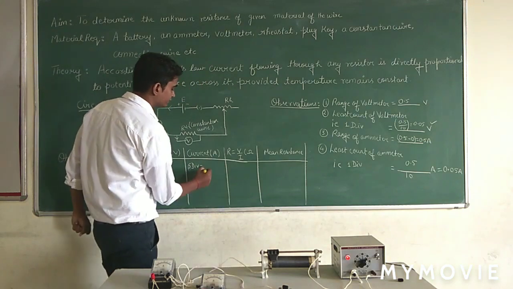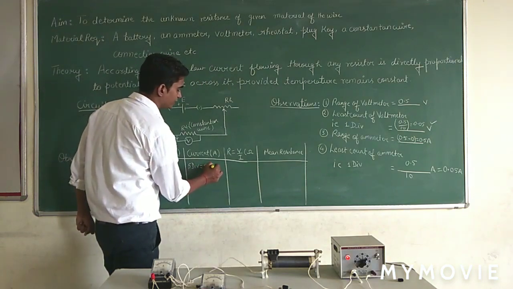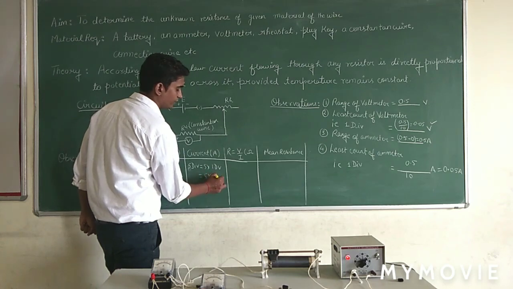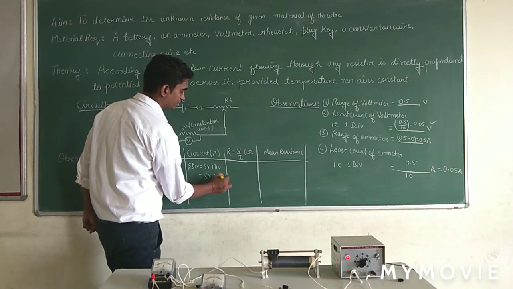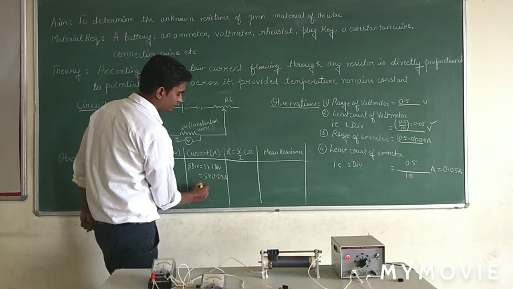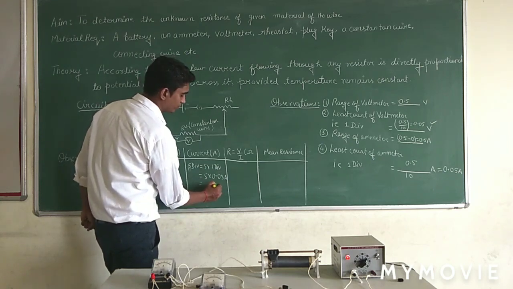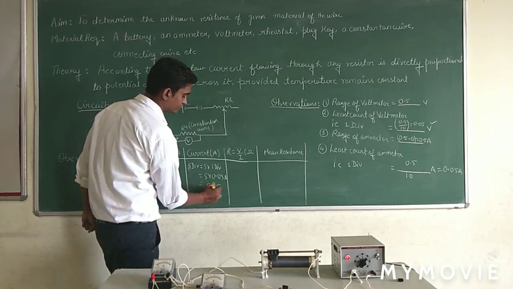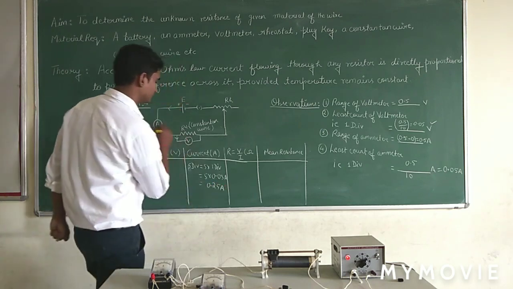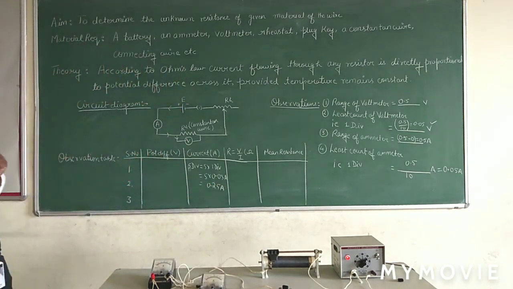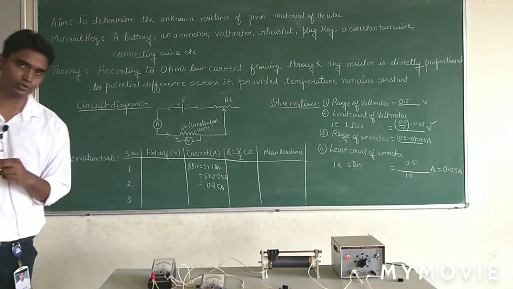So 5 divisions is equal to 5 multiplied by the value of 1 division, that is my least count, 5 multiplied by 0.05 ampere. It will be equal to 0.25 ampere. I have obtained one value of current at this position.